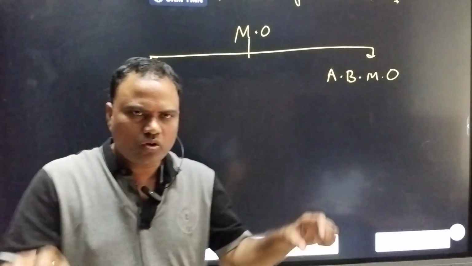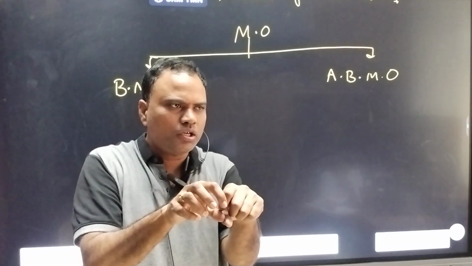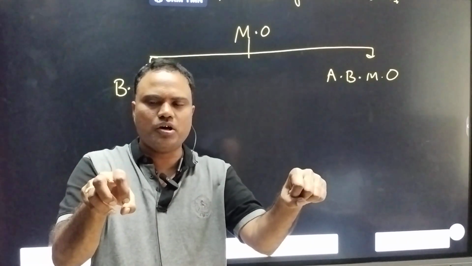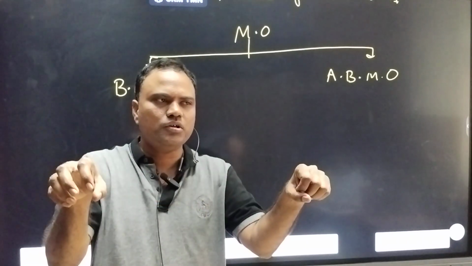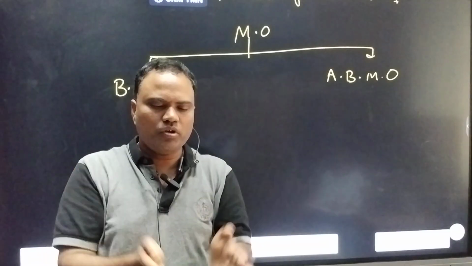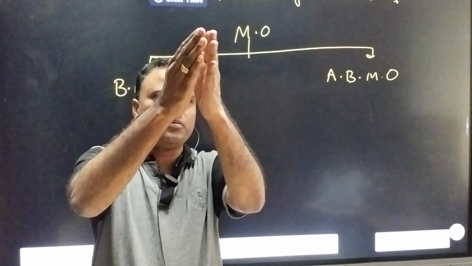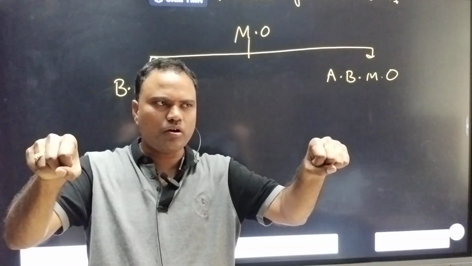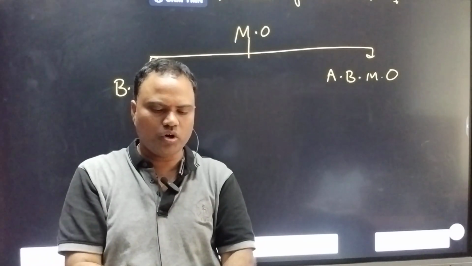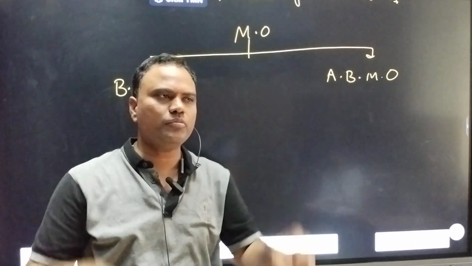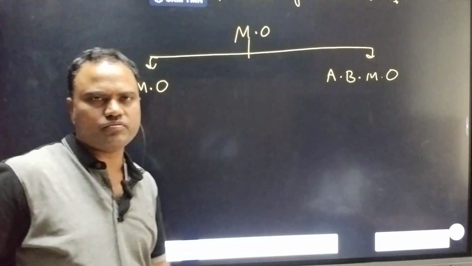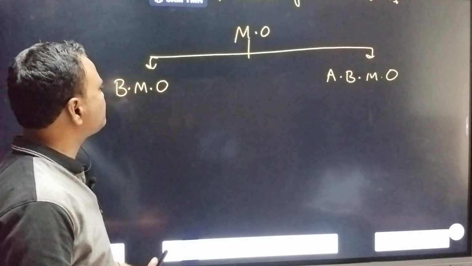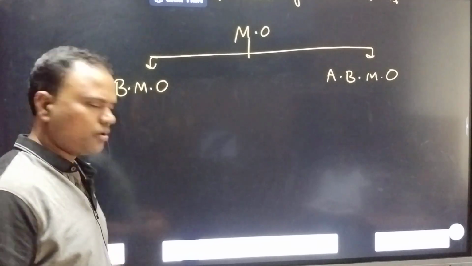See, when atomic orbitals combine together, they form two types of orbitals. This is one atomic orbital, this is one atomic orbital. When they combine, they form two types of molecular orbitals, one bonding and one anti-bonding. Let us take BMO, bonding molecular orbital.